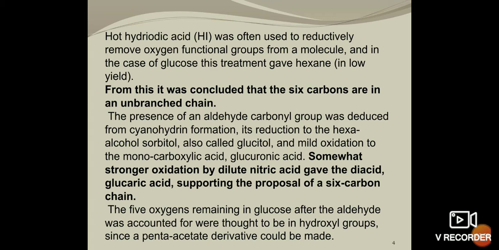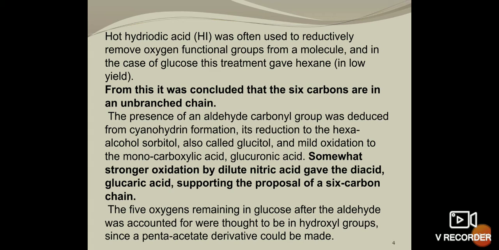The presence of an aldehyde carbonyl group was deduced from cyanohydrin formation, its reduction to the hexaalcohol sorbitol, also called glucitol, and mild oxidation to the monocarboxylic acid, gluconic acid.